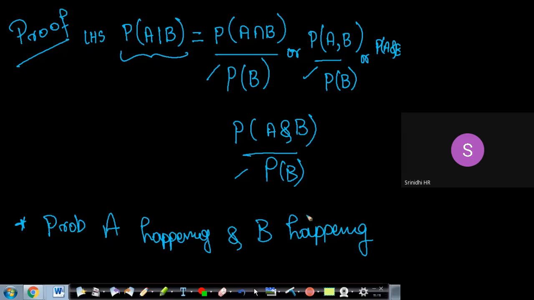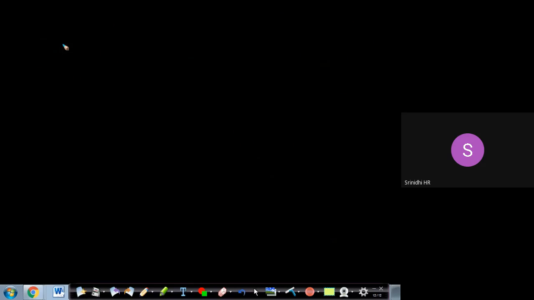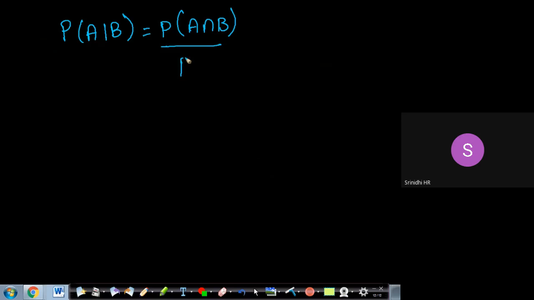Okay, so this is how you define it. Let's start with this. My LHS is probability of A given B, which is equal to probability of A intersection B divided by probability of B.